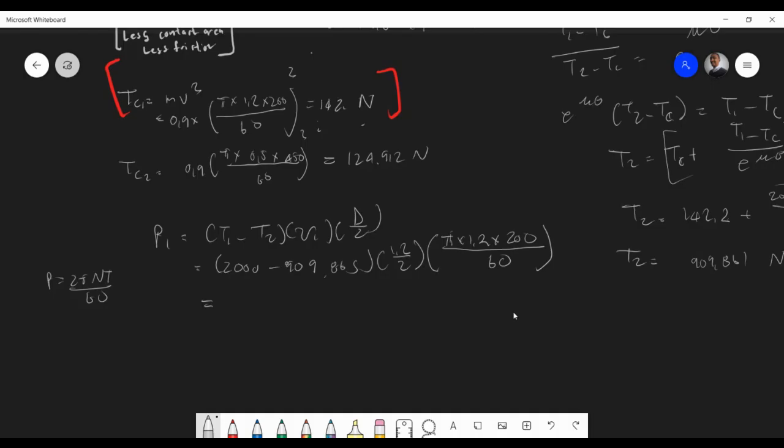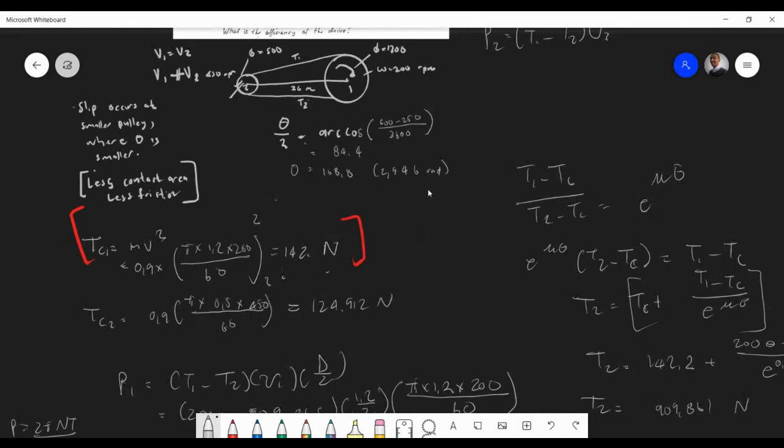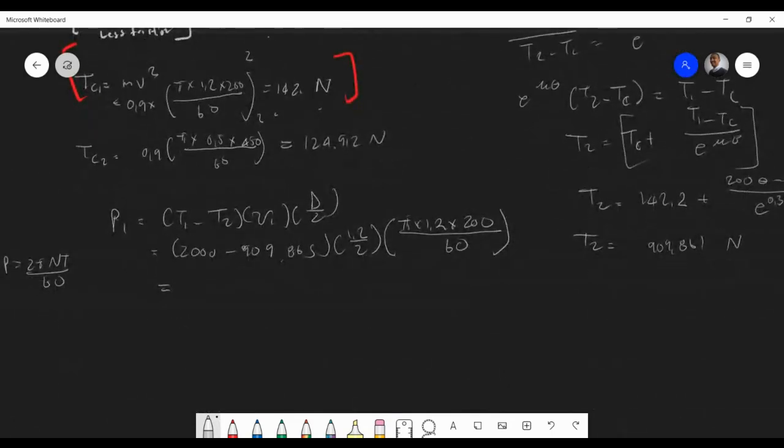Pulley one is the driver pulley, and the question is the power transmitted and the power lost to friction, right? Okay, so we'll discuss that now.